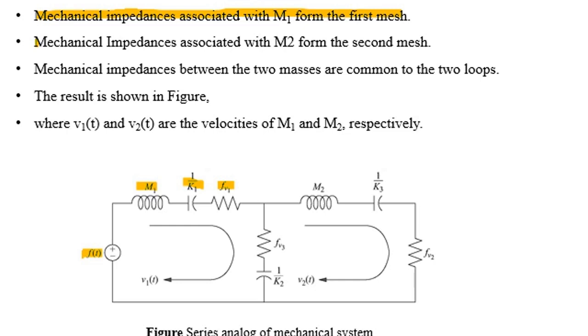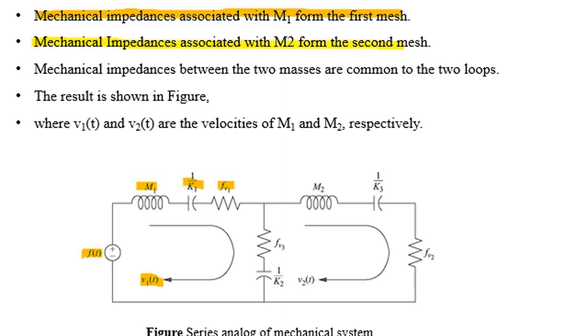Also, the externally applied force is acting on mass M1, so it will also appear in the first loop in the form of a voltage source represented by F(t). The velocity of the first test point will be represented as mesh 1 current V1(t).